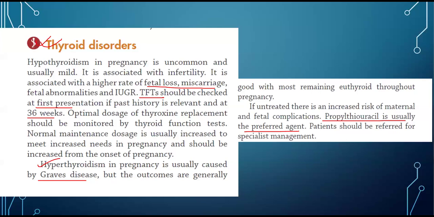But carbimazole is contraindicated in the first trimester. And first trimester means up to 12 weeks of pregnancy. So during that first trimester, you would use propylthiouracil because that is not contraindicated. Once the patient passes the first trimester, then you will change this propylthiouracil to carbimazole again. Okay, so that's the management for hyperthyroidism during pregnancy.